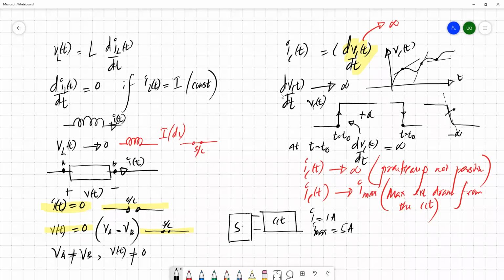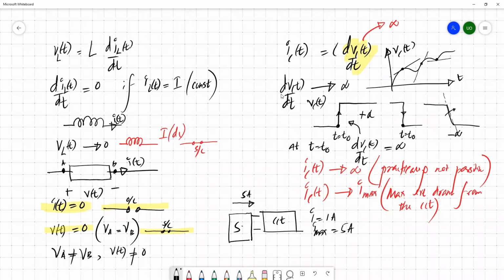If you make this derivative go to infinity within this circuit, it means the source delivers 5 ampere current at that point.